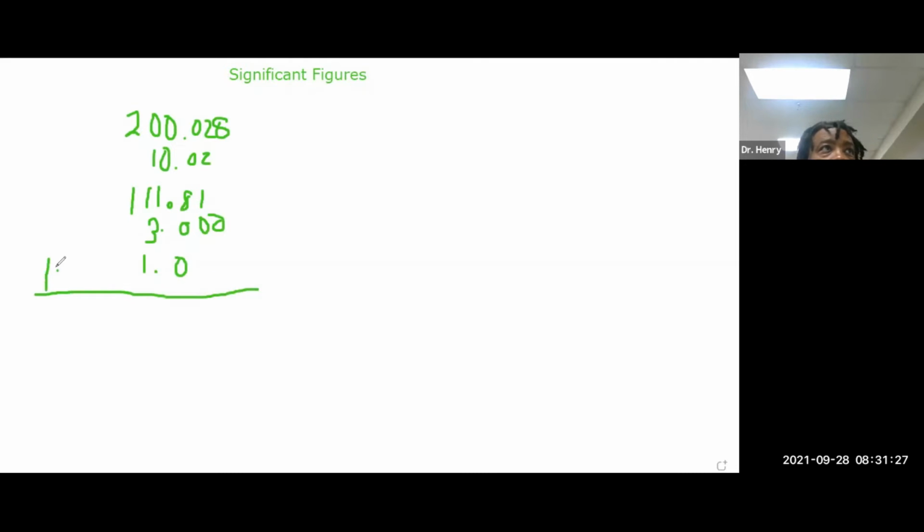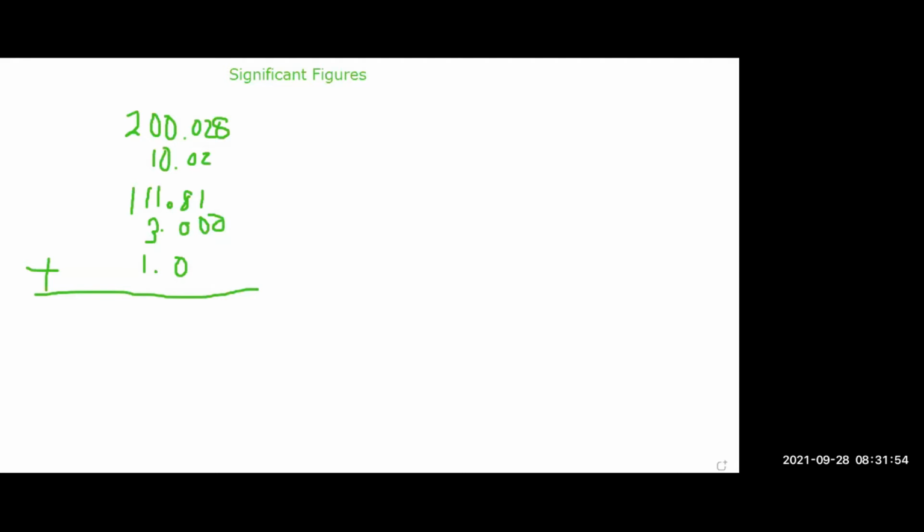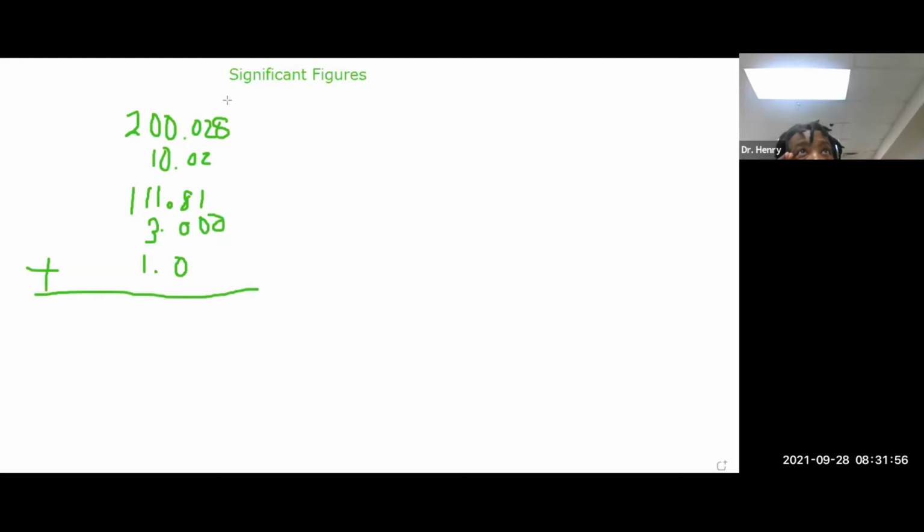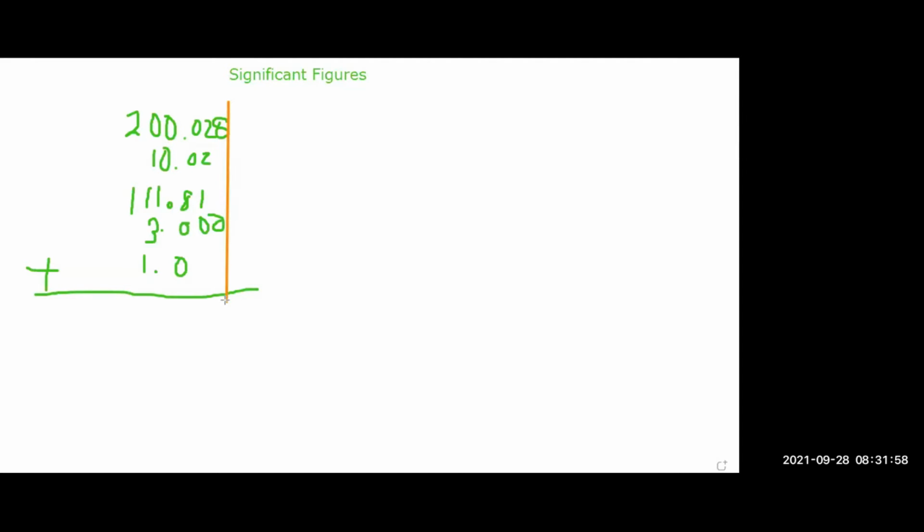We're adding these numbers together. If I was doing addition, for the very first number, where does significance end and uncertainty begin? Isn't the whole thing significant? The whole thing would end after the 8? That is correct. So I draw a line there.